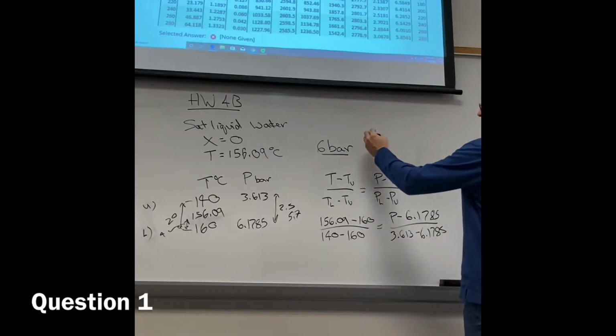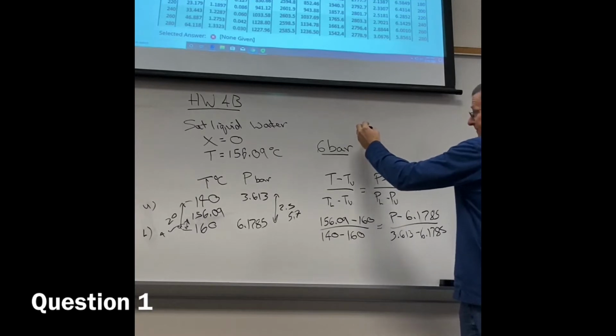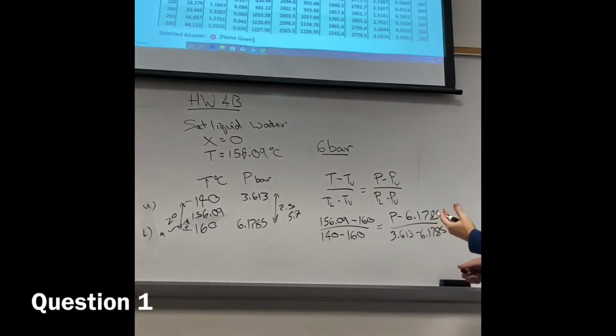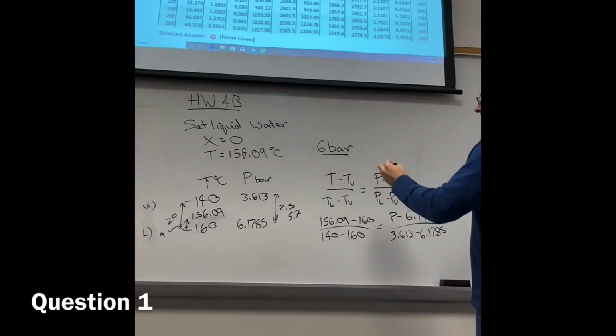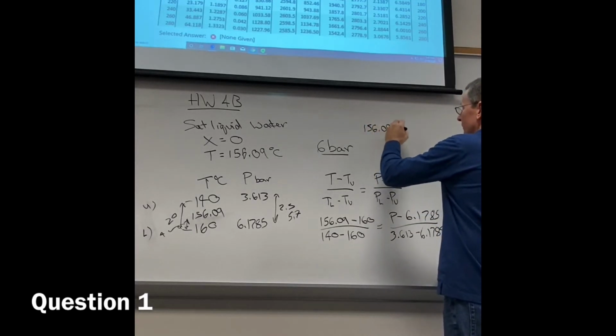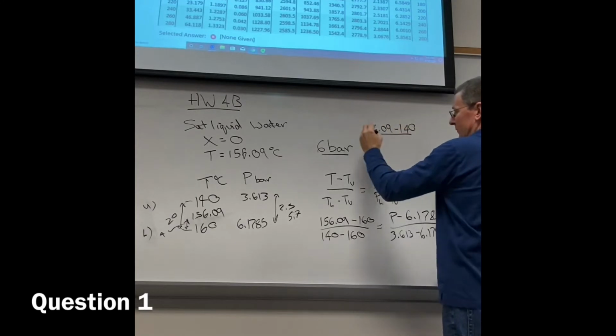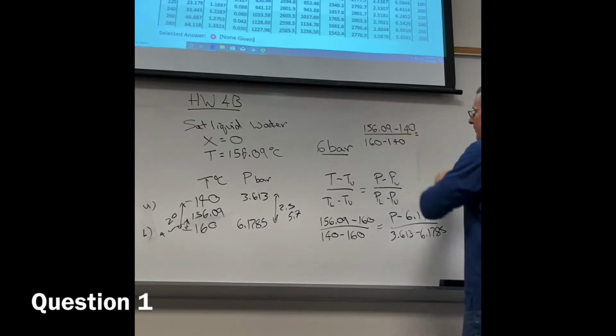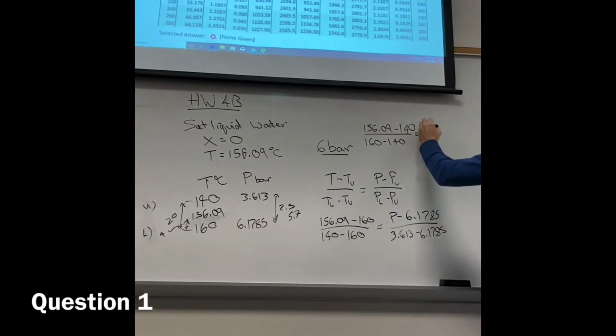So now T is, well, and now I'm going to write P minus 3.613 over 6.1785 minus 3.613.